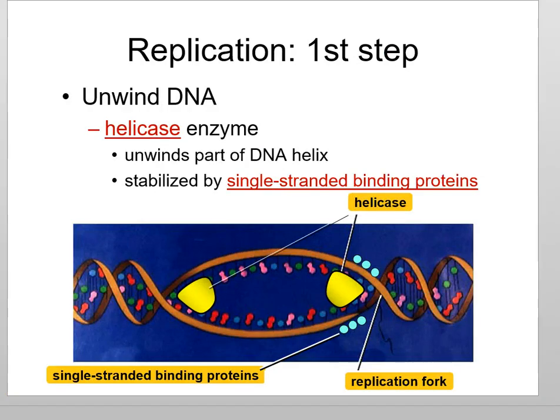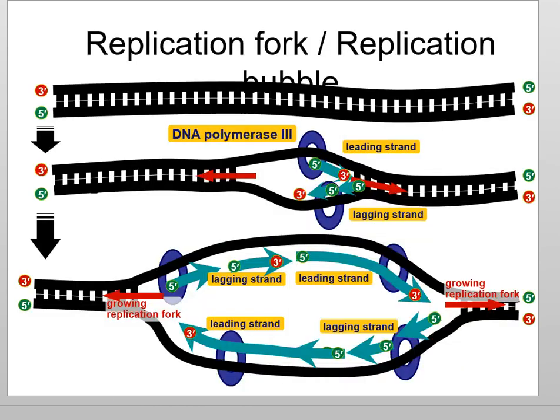Here's a picture of the helicase enzyme unzipping DNA, making a replication bubble right here and moving in both directions. Here's a picture of replication gone further. We have our replication bubble, and our DNA polymerase is going to start here and move in both directions. The one that goes in this direction goes continuously, making a leading strand.